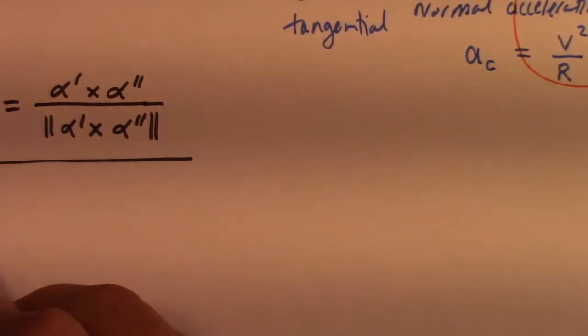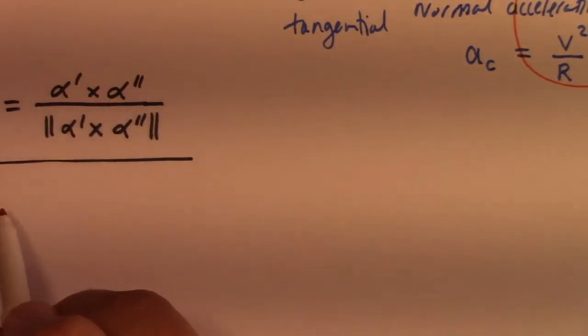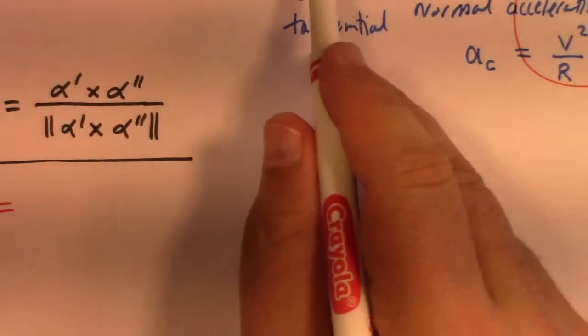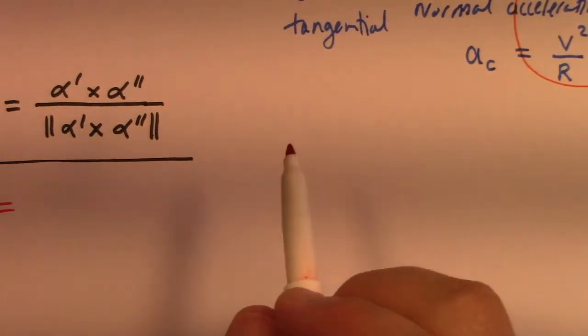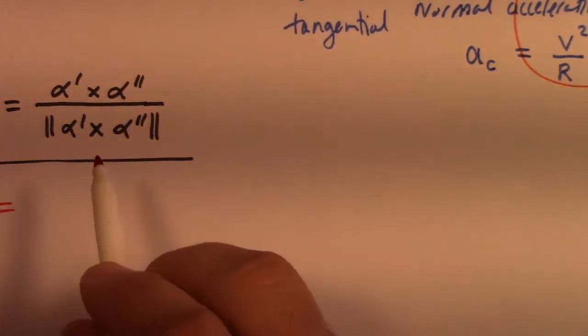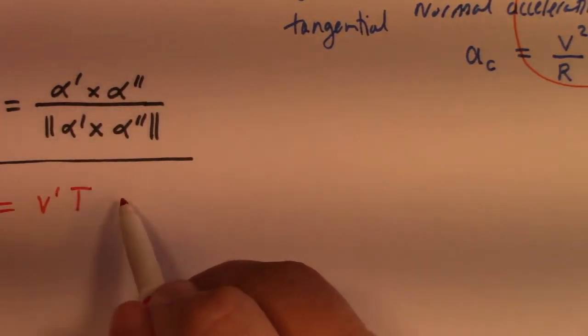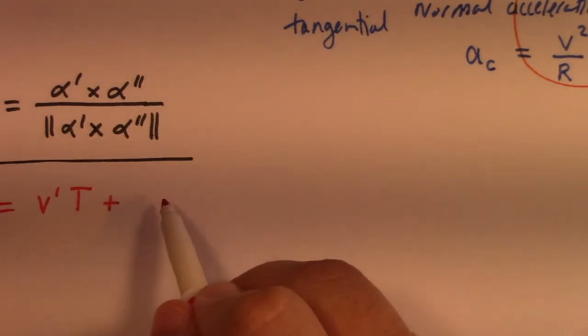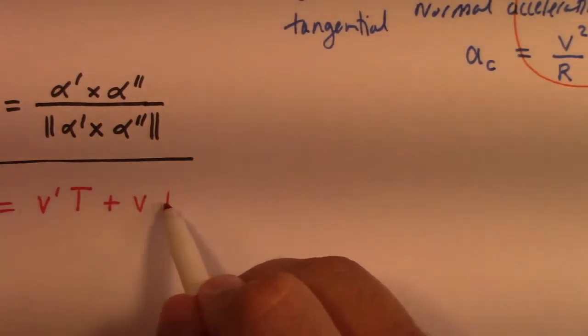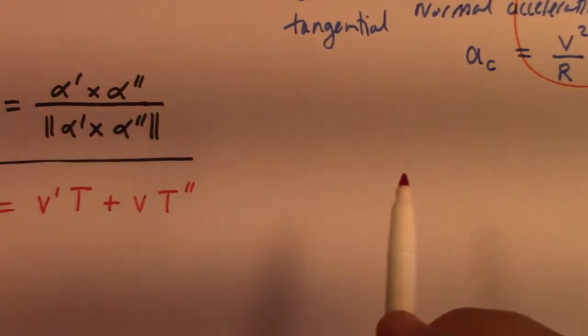Alpha prime prime is equal to, as we saw up here, well, what is alpha prime prime? It's v prime t plus v t prime, right?